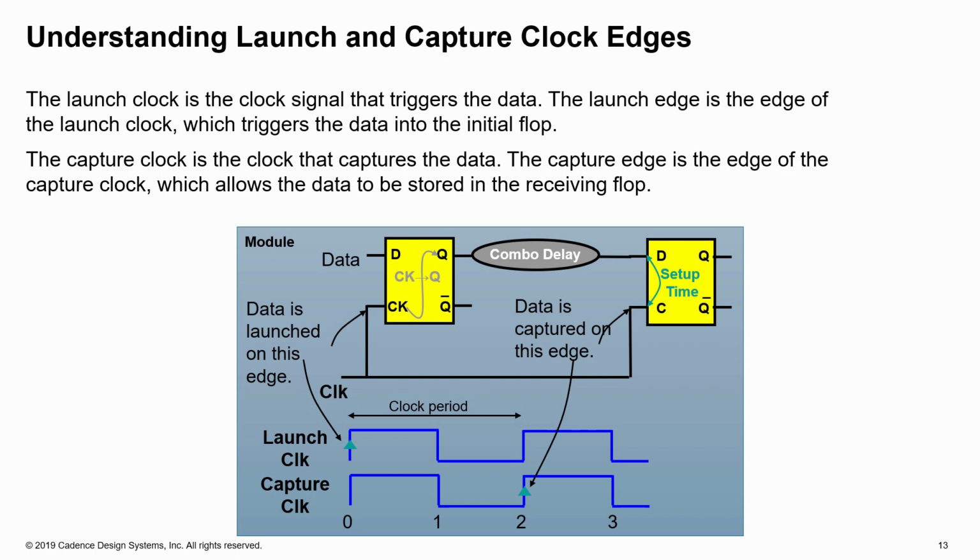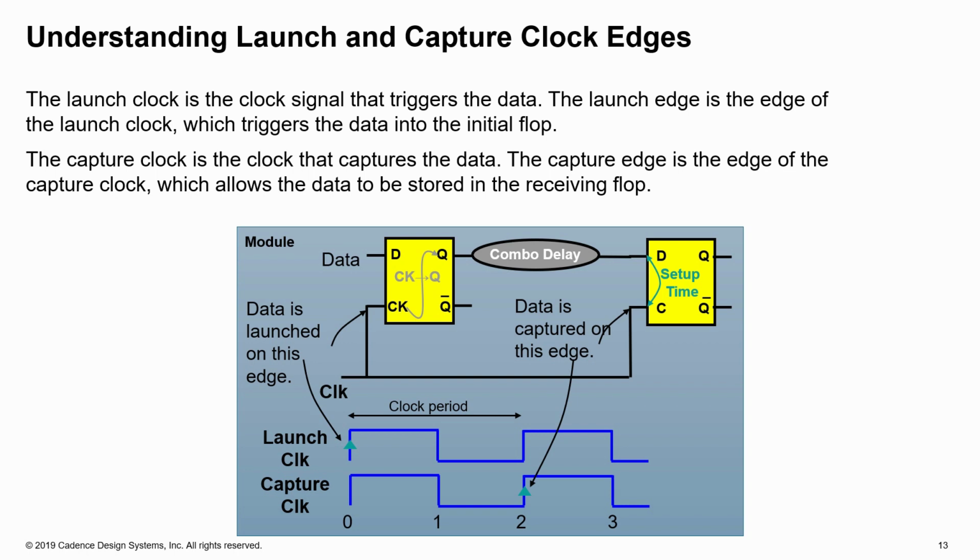In this design, there is only one clock, and that single clock is launching the data on one edge, and that launch clock is the same as the capture clock, but the launch edge is different from the capture edge. So it takes one clock period for the data to be launched and captured at another edge by the same clock on a different flop.